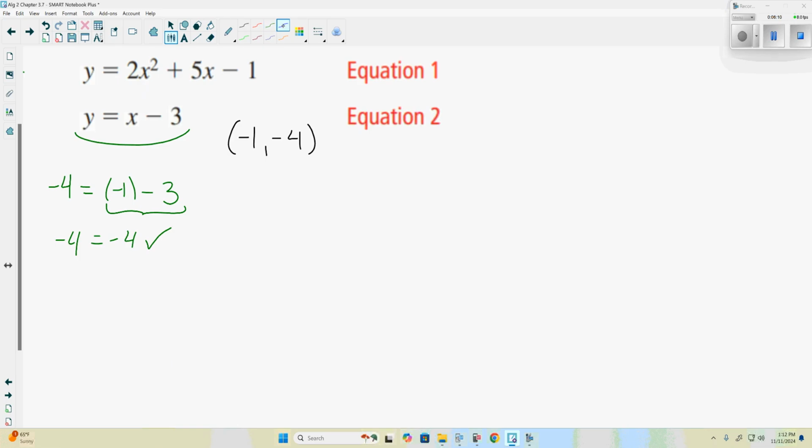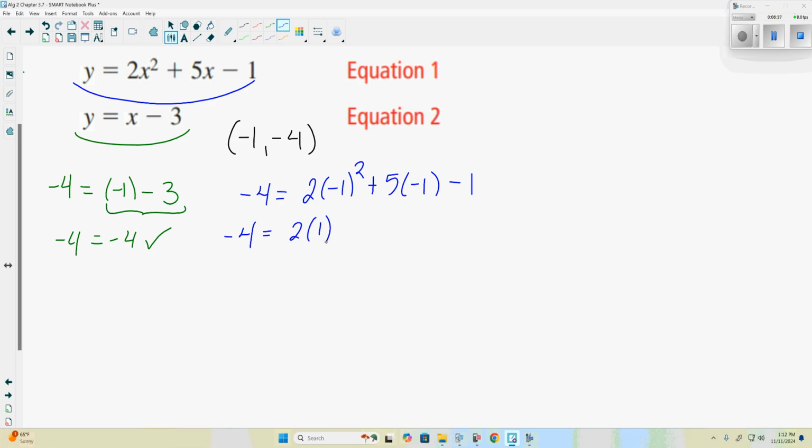If we look at the first equation, y equals 2x squared plus 5x minus 1, our y value is told to us to be -4 and our x value is -1. What we want to verify and show is that the right-hand side will give us -4.